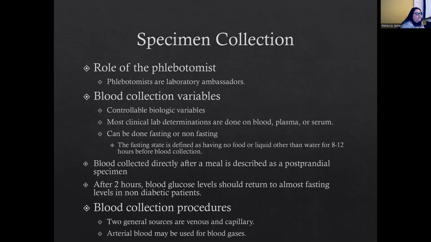So, specimen collection. Blood is the type of specimen most frequently analyzed in the lab. Put a star by that. Urine specimens, body fluids, and stool specimens are also frequently analyzed.